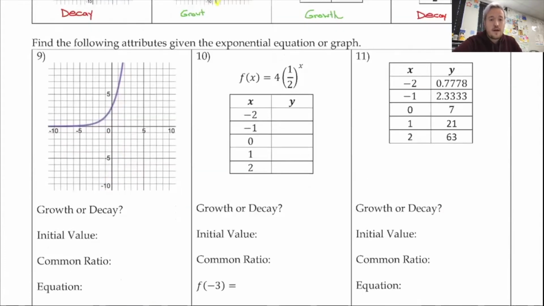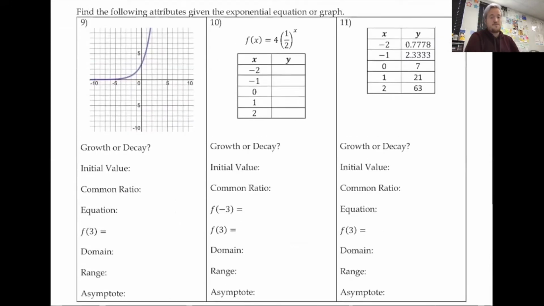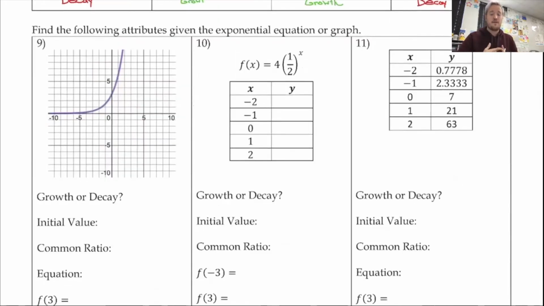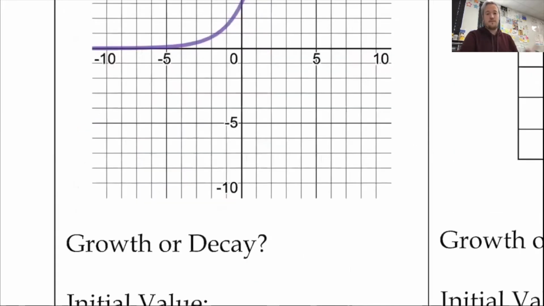Okay, so now we have to find the following attributes. So you have to be kind of careful on these. I could give you really any range of these 3 questions here. I can give you the graph, I can give you the equation, or I can give you a table, any one of those. All right, so start with the graph. We want to determine first if it's a growth or a decay.